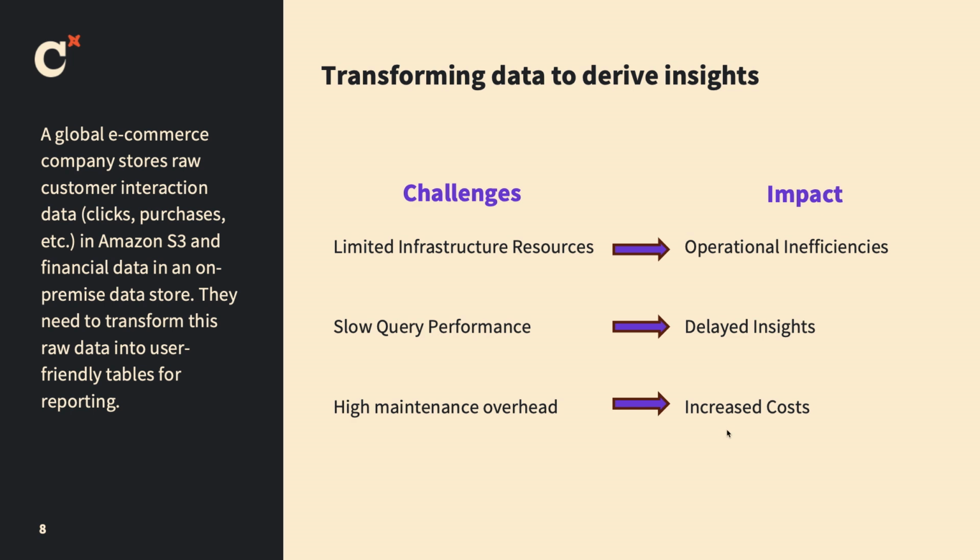Once this data grows, it also leads to slow query performance, right? You have multiple tables, you have multiple data sources that you're trying to join, which eventually leads to slower query performance. Again, that leads to delayed insights, and I want to hit back the point that insights is what you want to get at first, rather than worrying about the infrastructure, right? And even if you were to scale your infrastructure to meet these growing needs of the data, you would have a very high maintenance overhead.